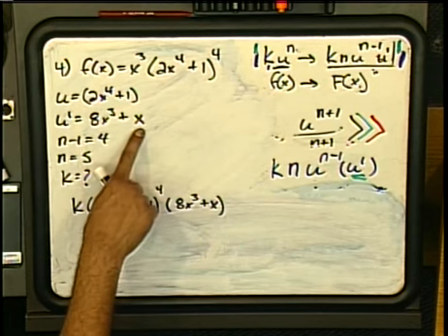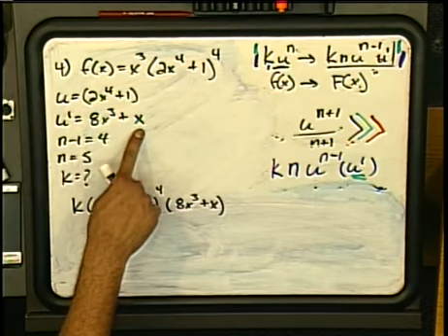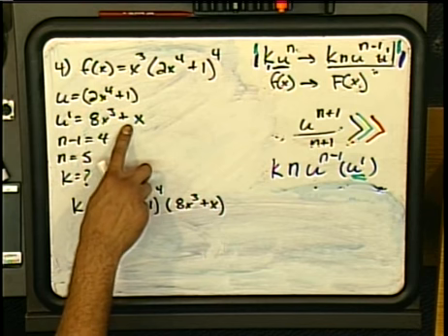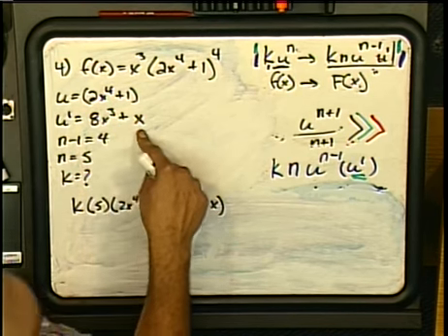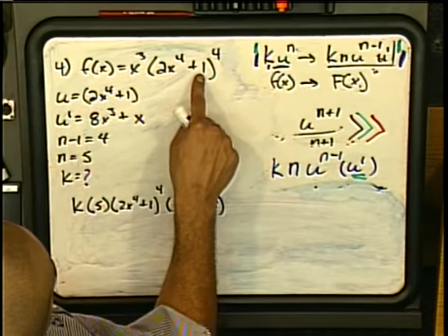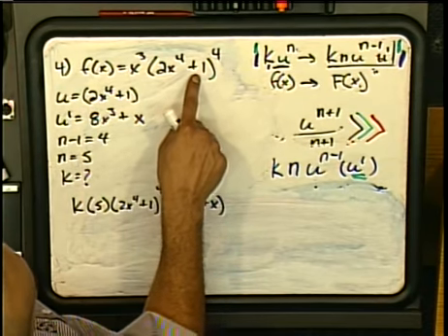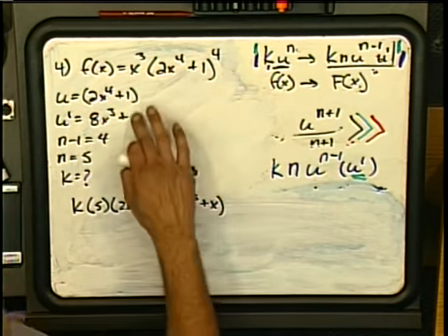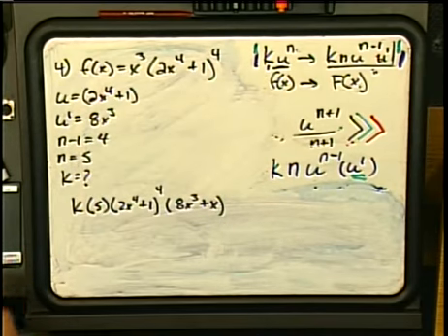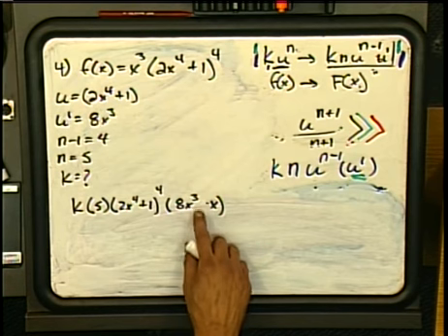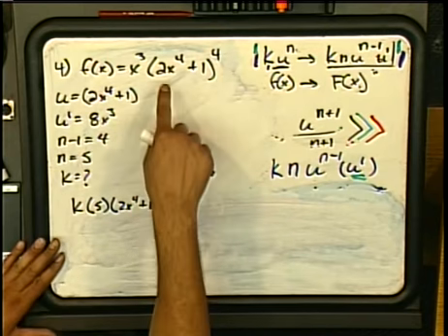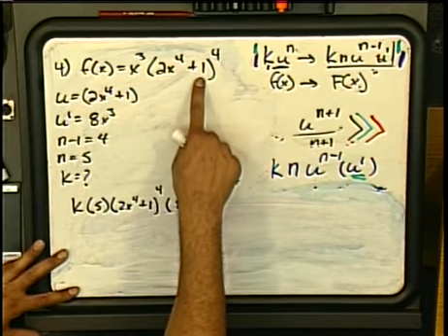He has for U prime 8x cubed instead of 8x cubed plus x. That's because I took the derivative of this one, then the antiderivative of that one.